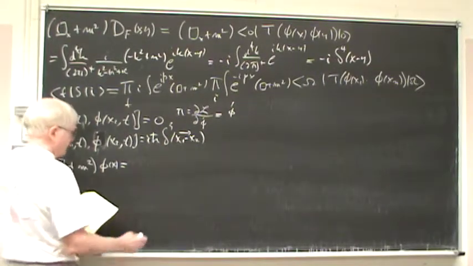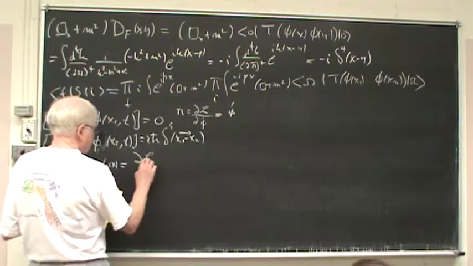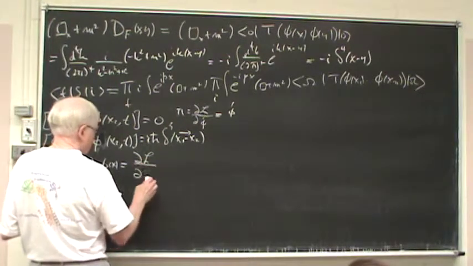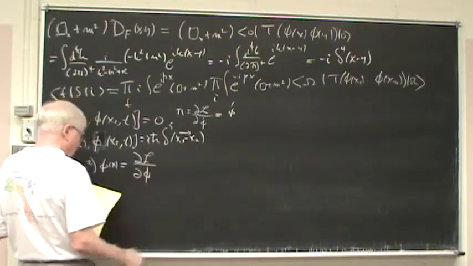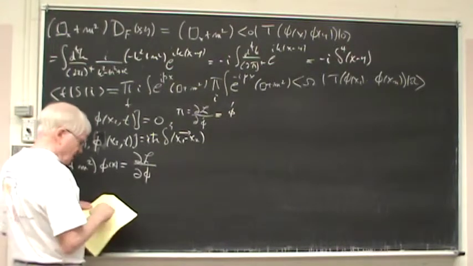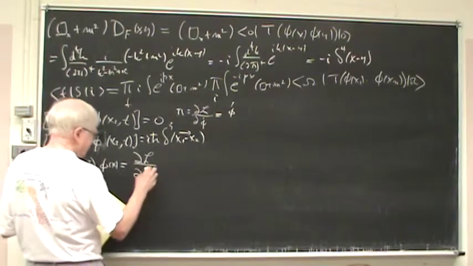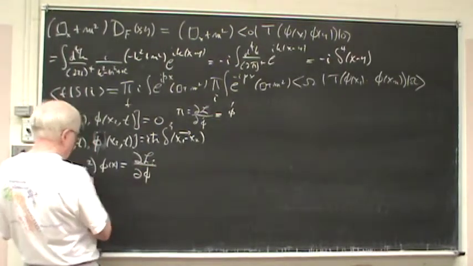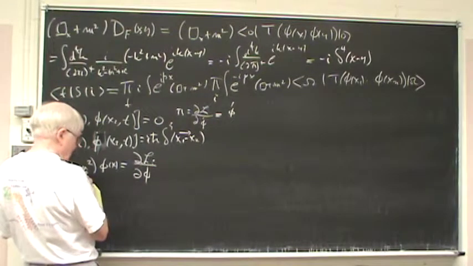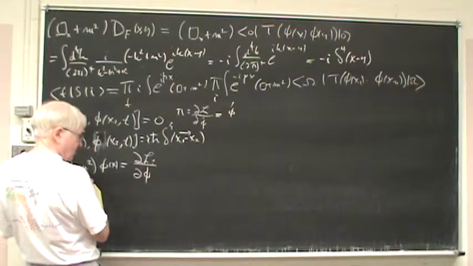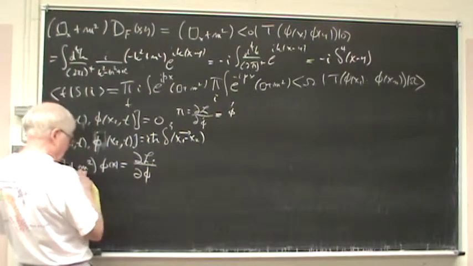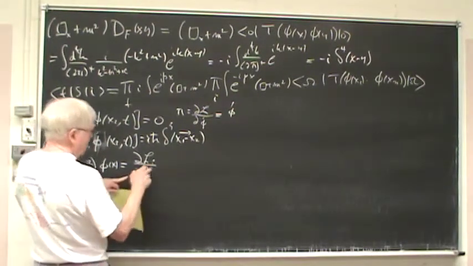If it's not free, Lagrange's equations tell us that it's the partial derivative of the action density with respect to the field phi, and we've already got the mass term. In other words, the quadratic part of L is already included in this term.